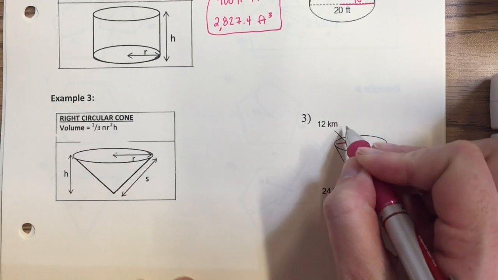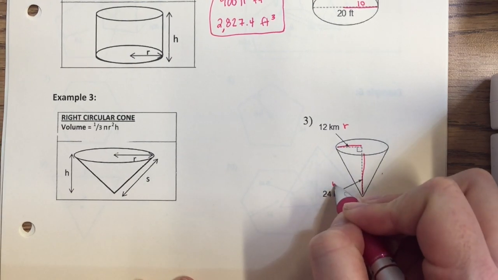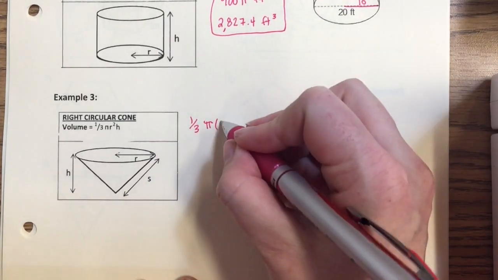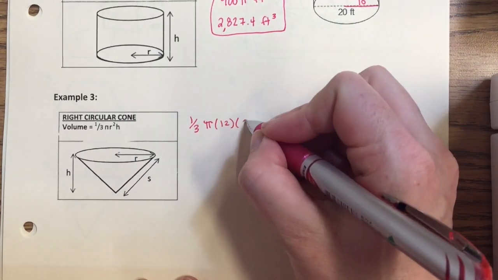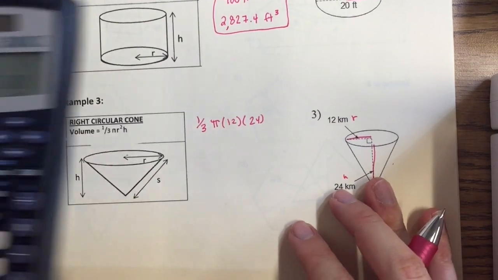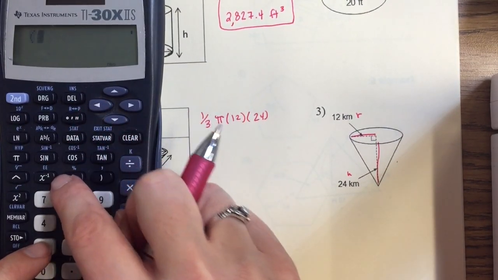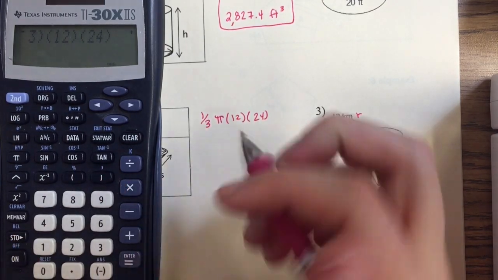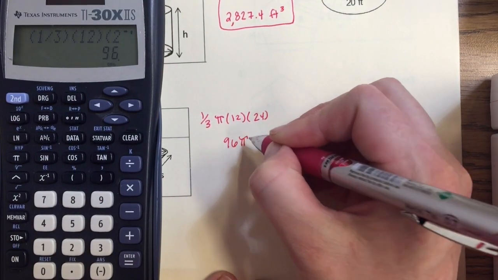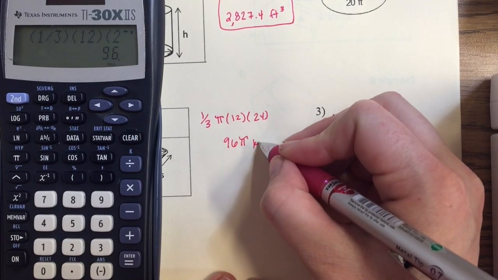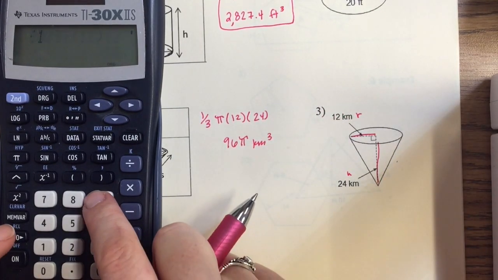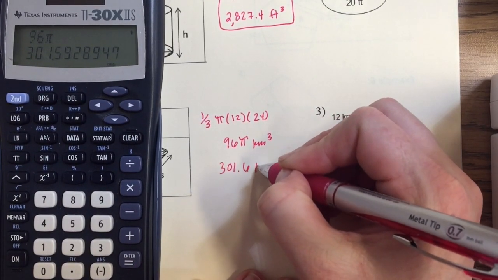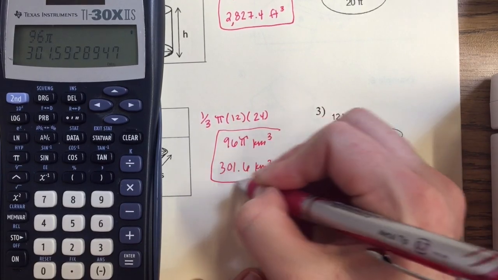I have my radius, I have my height, 1/3 pi times 12 times 24. 1 divided by 3 times 12 times 24 is 96 pi kilometers cubed. 96 pi as a decimal is 301.6 kilometers cubed.